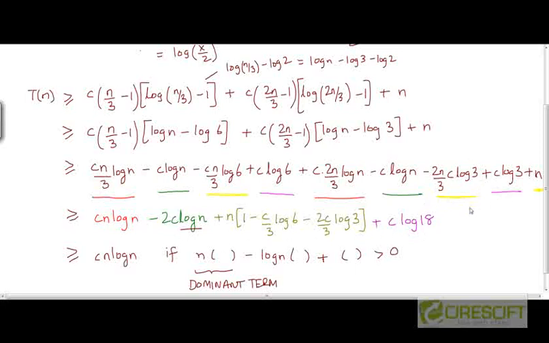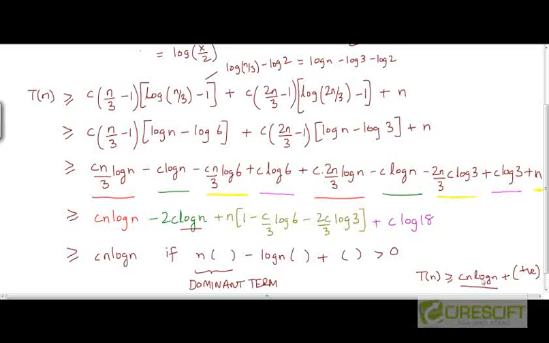Right? Because if T of n is greater than or equal to Cn log n plus something positive, then we can say that T of n is definitely greater than or equal to Cn log n.